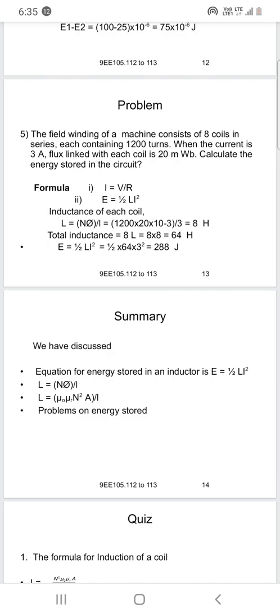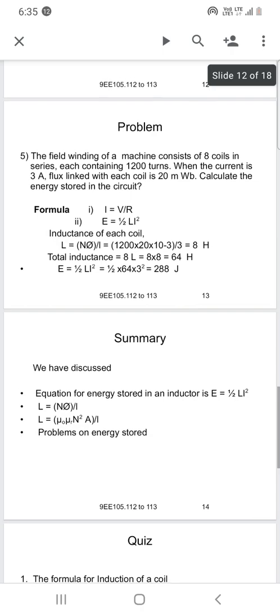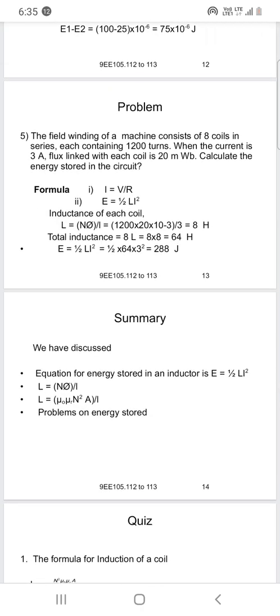So here, first we have to calculate the value of I. I is equal to V by R. Next, the energy stored in the magnetic field is half Li square. The L value is nothing but N into phi by I, the relation between the flux, the number of turns and the current flowing through the conductor.